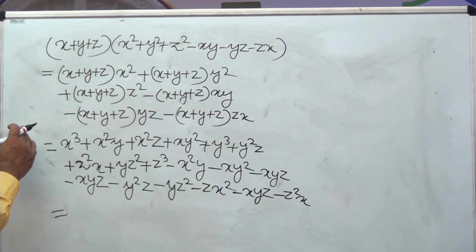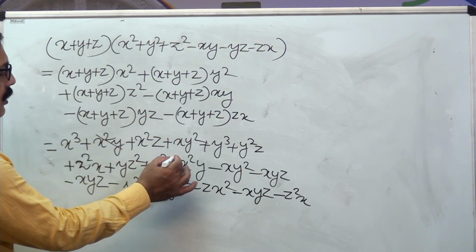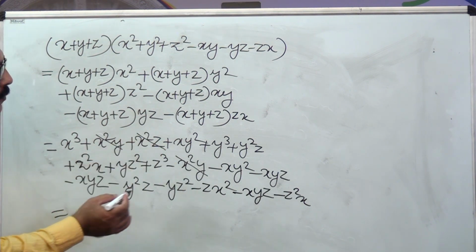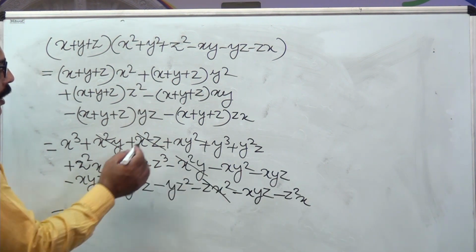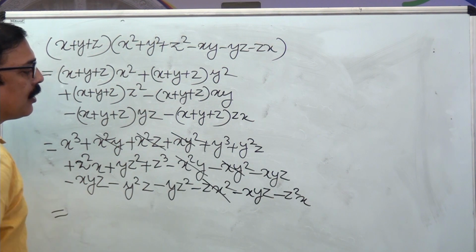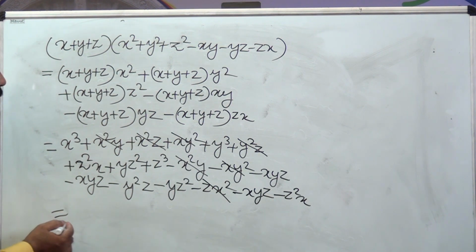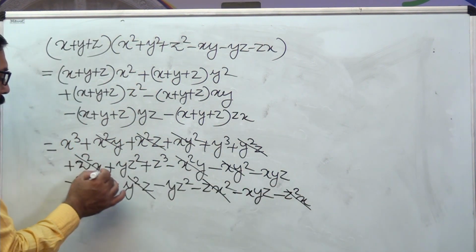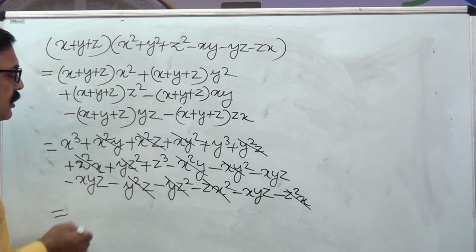Now if we look through it, x square y and minus x square y cancel, x square z and minus x square z cancel, xy square and minus xy square cancel, and y square z and minus y square z cancel out. z square x is cancelled out with minus z square x. yz square is cancelled with minus yz square.